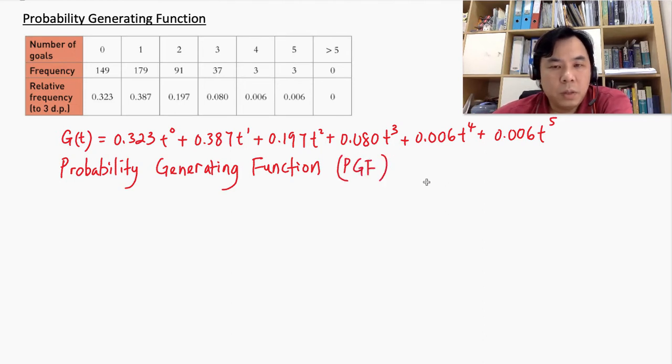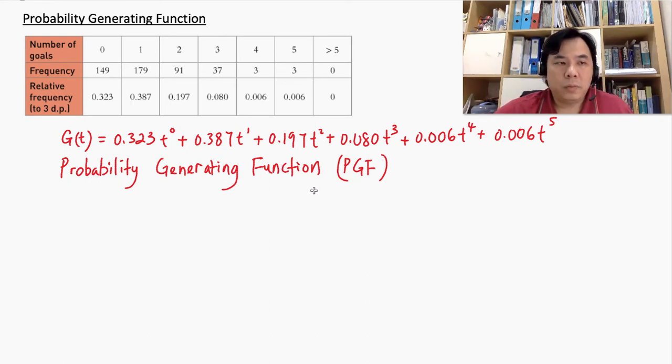Now, this is a polynomial function that is used to represent the probability information that we extracted from the table itself, right? Okay. Now, then again, you are asking what is the significance of this, right?